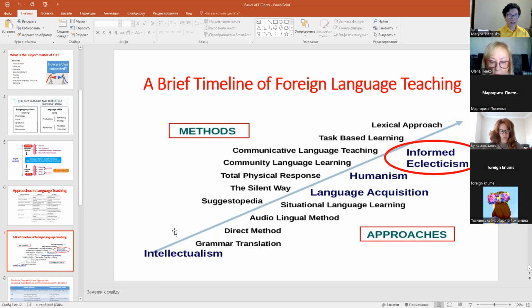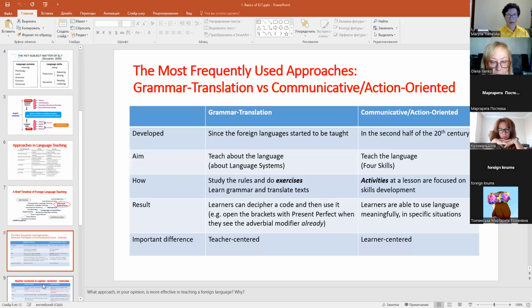You need to know as teachers about various approaches and methods to teaching a language, but in the end, it's up to you to decide what you choose as a teacher and what approach is the best for you and for your classroom.